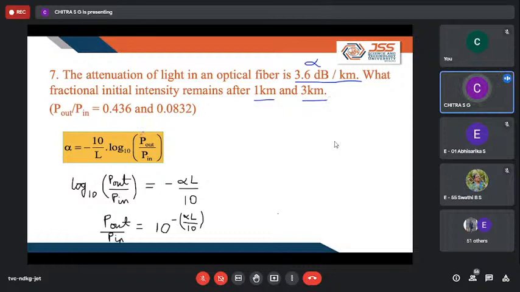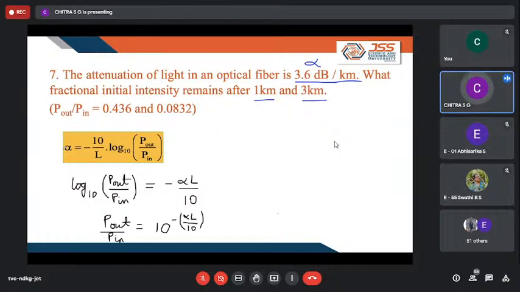So you have to calculate P out by P in when the distance L is 1 kilometer and when L is 3 kilometer. First write down what is given. Alpha is given.